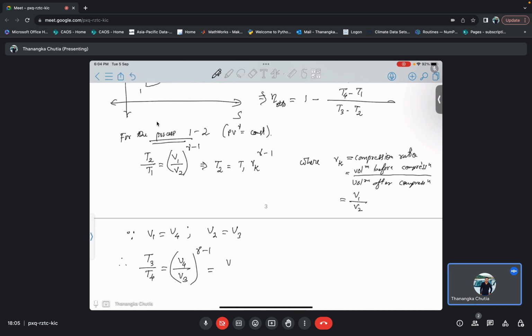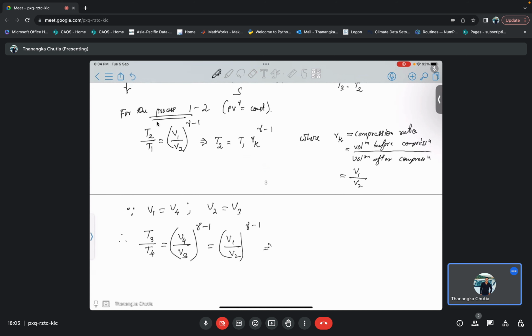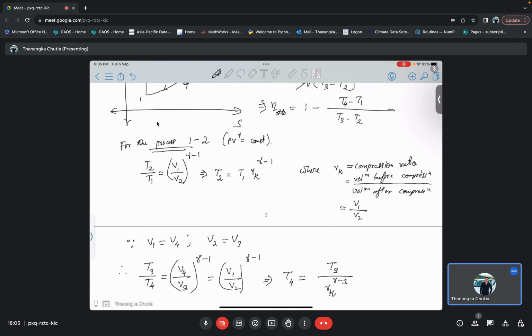This I can also write as V1 divided by V2 to the power gamma minus 1. This means T4 is nothing but T3 by Rk to the power gamma minus 1. Is it clear?